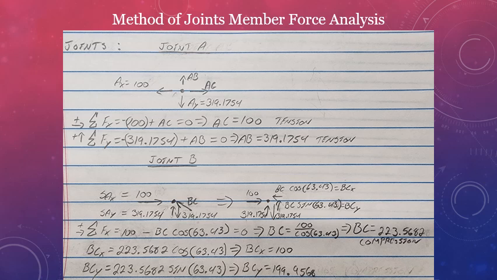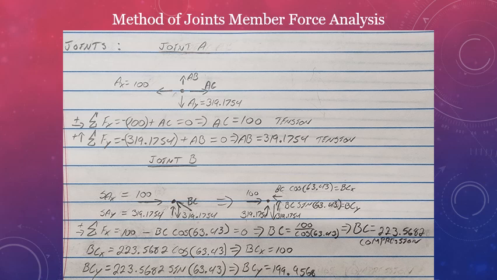We solved for SA and SAY in the previous slide, and I just carried those values over here. So SAX is 100 newtons going to the right, and SAY is 319 newtons going up.